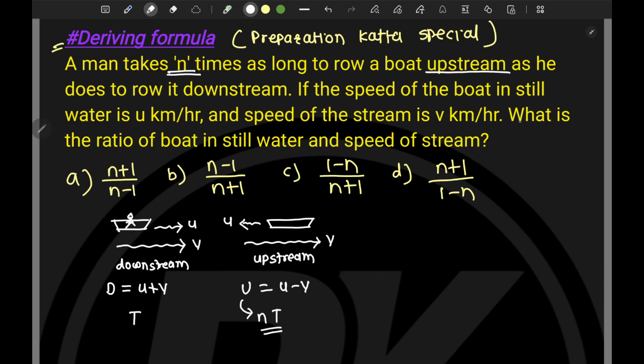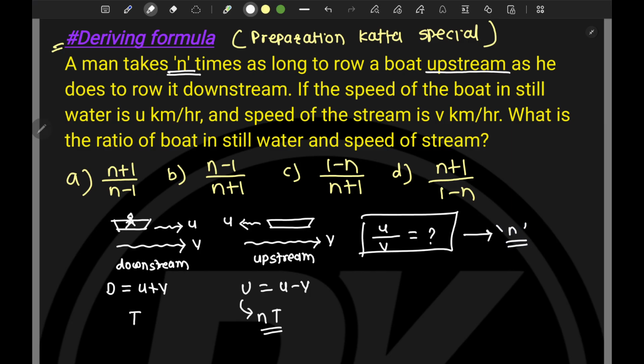What we have to find out is the ratio of the speed of the boat in still water, u, to the speed of the stream, v. So u by v is equal to what? The options given are n plus 1 divided by n minus 1, n minus 1 divided by n plus 1, and so on. That means we have to derive this equation in terms of n.